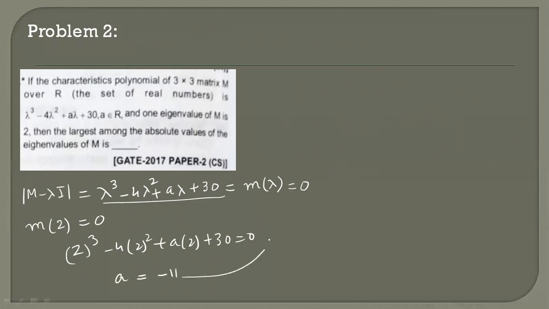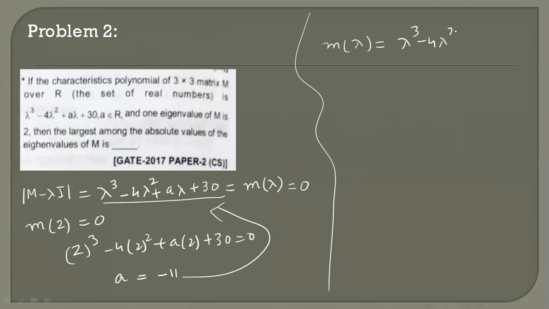Now put the value of a equal to minus 11. The characteristic polynomial will now look like lambda cube minus 4 lambda square minus 11 lambda plus 30 equal to 0. For the remaining eigenvalues, we have two methods.